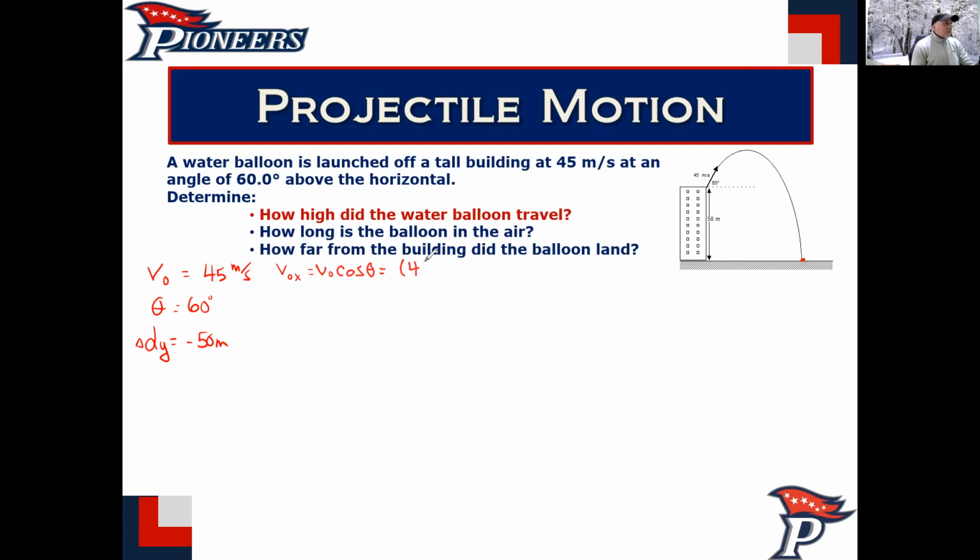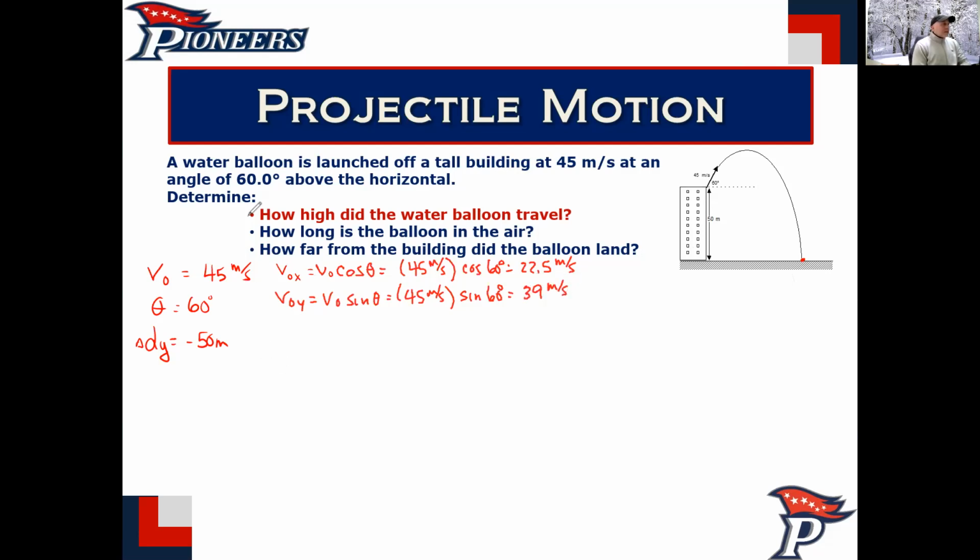So I'm going to take 45 times cosine of 60, and then V0y equals V0 sine theta, so 45 sine of 60. Cosine of 60 is 0.866, I think? No, it's 0.5, I get that backwards. 22.5. And 38.97, so let's just call that 39.